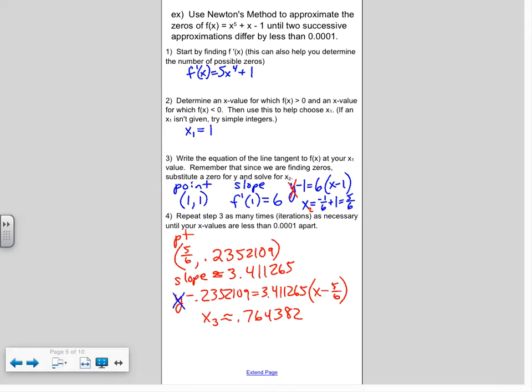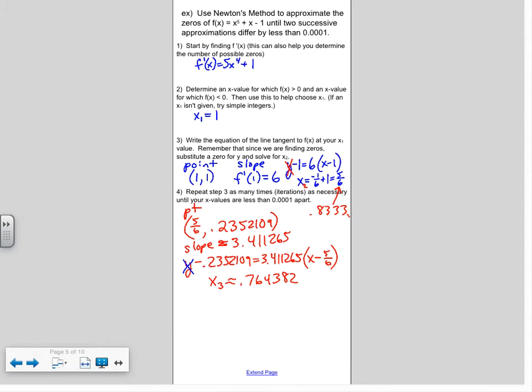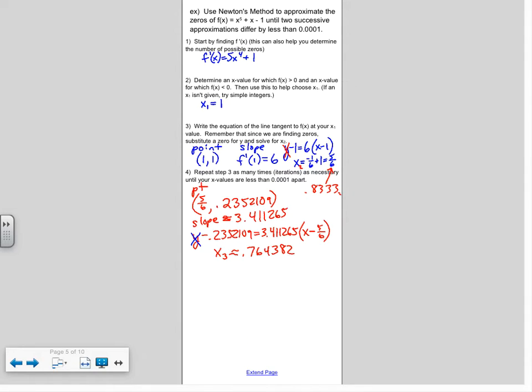Okay, so 5/6 is actually 0.833. So we're not there yet because we have to be 0.0001 apart from our prior value. So let's try this one now.